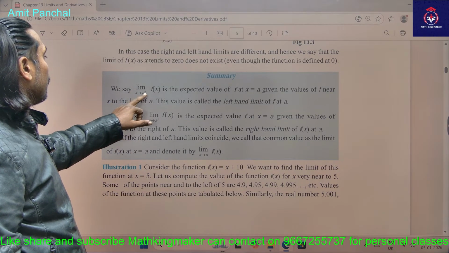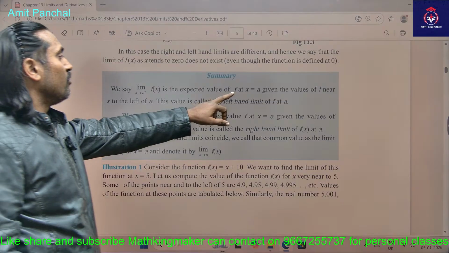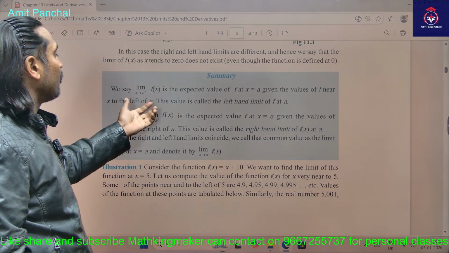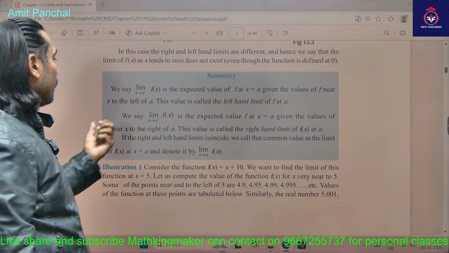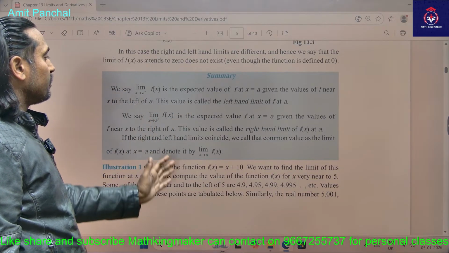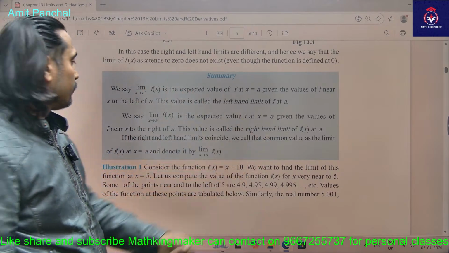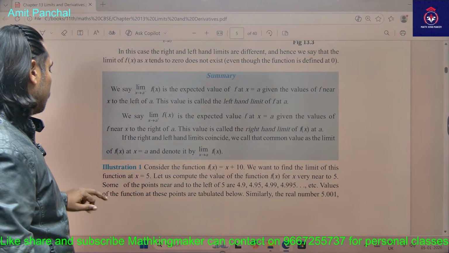Limit x tending to a minus f(x) is the expected value of f at x equal to a, given the values of f near x to the left of a, and plus indicates that you have to take values of x greater than a, just nearby.